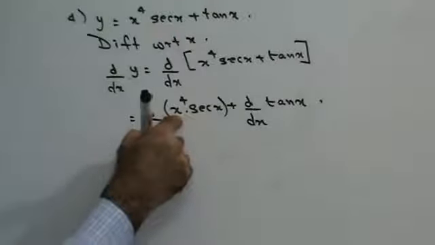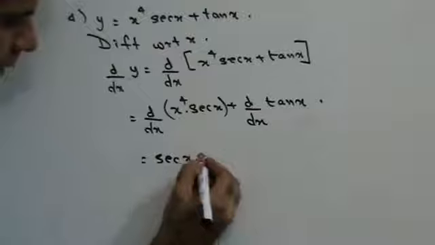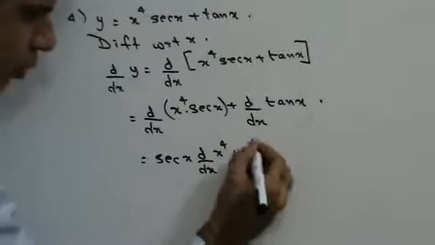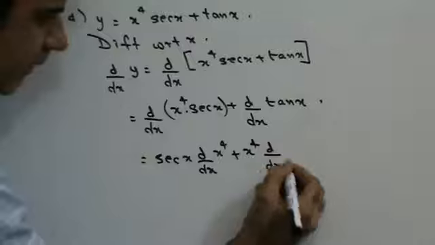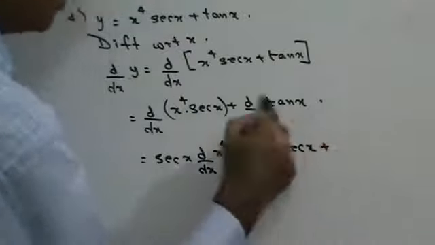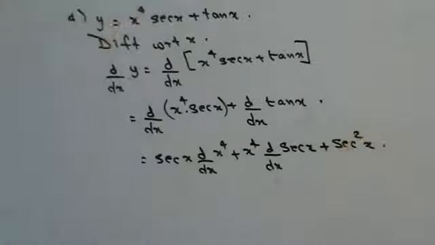Assume the first term to be u, assume the second term to be v. So v derivative of u plus u derivative of v, right, plus dy dx of tan x is nothing but sec square x. Now again apply the formula.